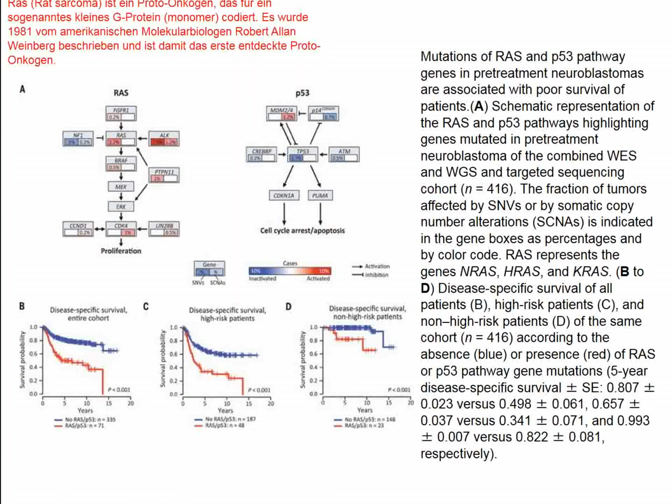And what we can see, you might imagine, the rat sarcoma protein is the first proto-oncogene that was discovered. And it was discovered in a rat strain that got sarcomas. And it turns out that it's a G protein, and it's involved in MAP kinase signaling pathway that encourages cell proliferation.